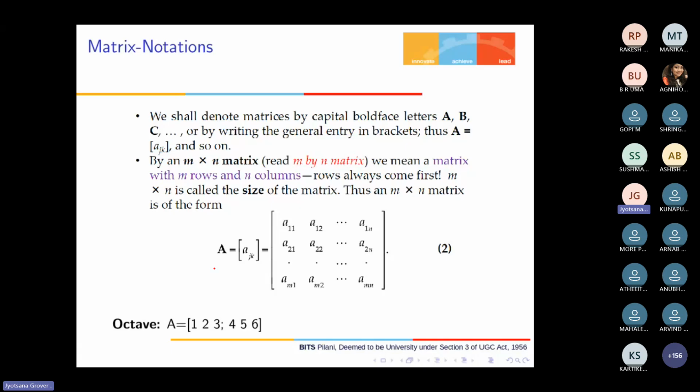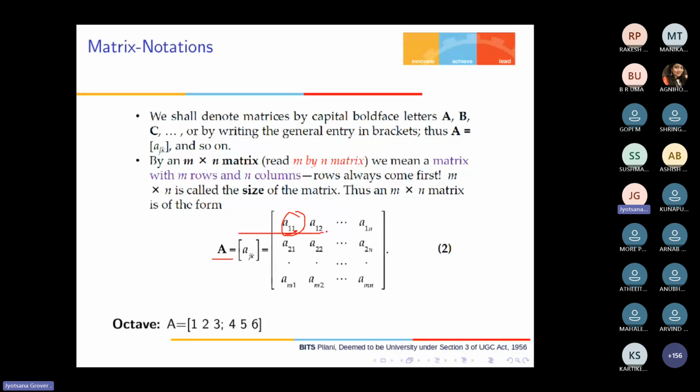So I've already told you, this is matrix A. A11, the first index is the row number, and this is the column number. So A11 means the element of the matrix present in the first row and first column.